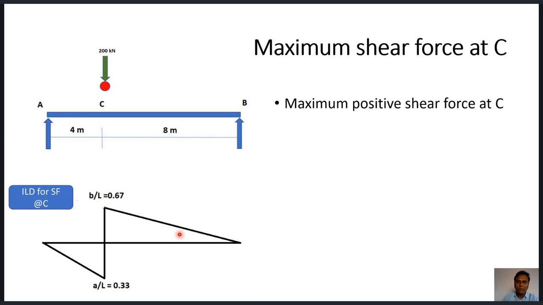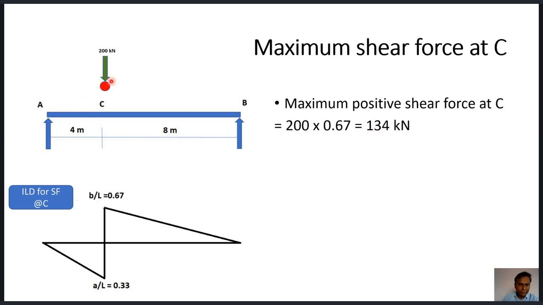So in order to get maximum positive shear force at point C, we need to place this 200 kilonewton over this point C. So when we are placing this 200 kilonewton at point C, to get maximum positive shear force, we need to consider this maximum ordinate, that is equal to 0.67. So you will be getting maximum positive shear force as 200 into 0.67, that is equal to 134 kilonewton.